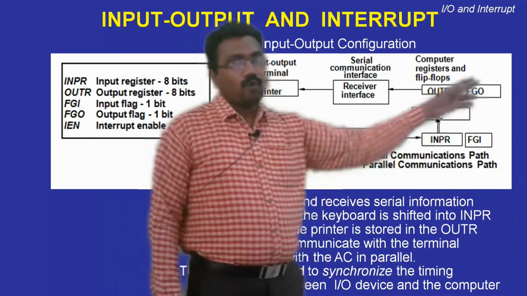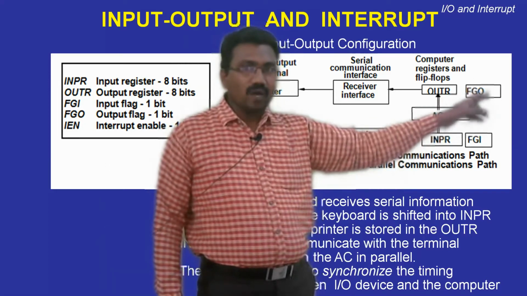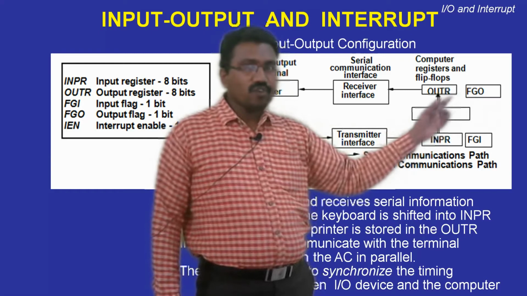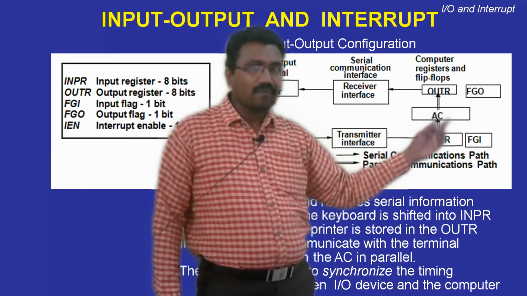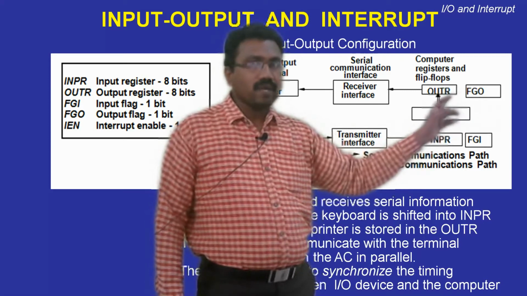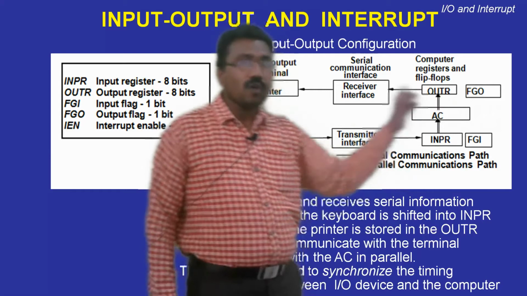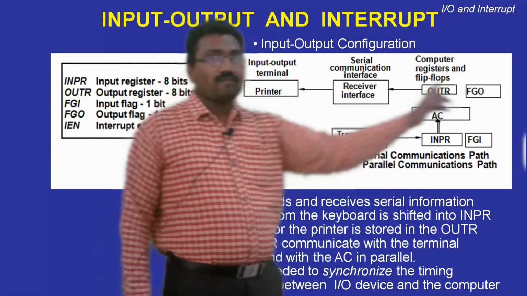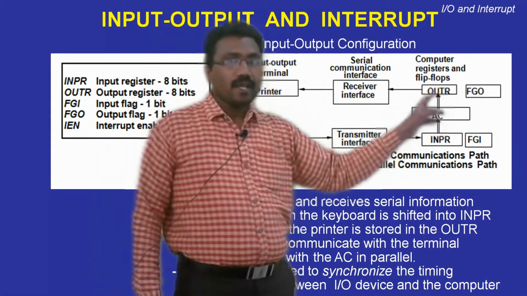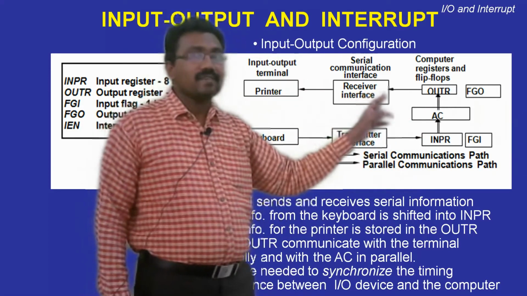Next, what about FGO? FGO is the output flag. Initially 1. Whenever the OUTR receives the 8-bit character from the accumulator, then FGO is equal to 0. That is nothing but one 8-bit character is ready to transmit to the printer. When FGO is equal to 0, the 8-bit character is transmitted to the printer through the receiver interface.